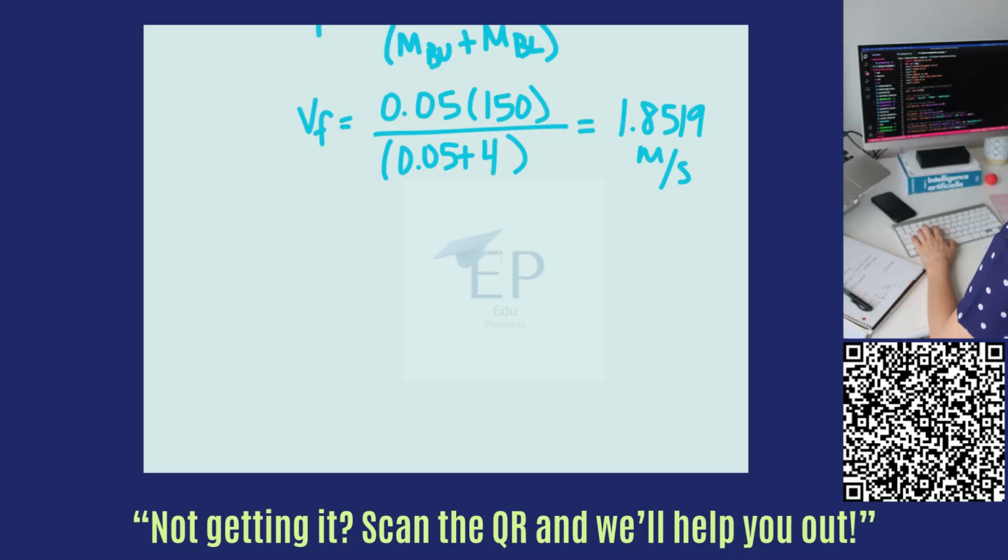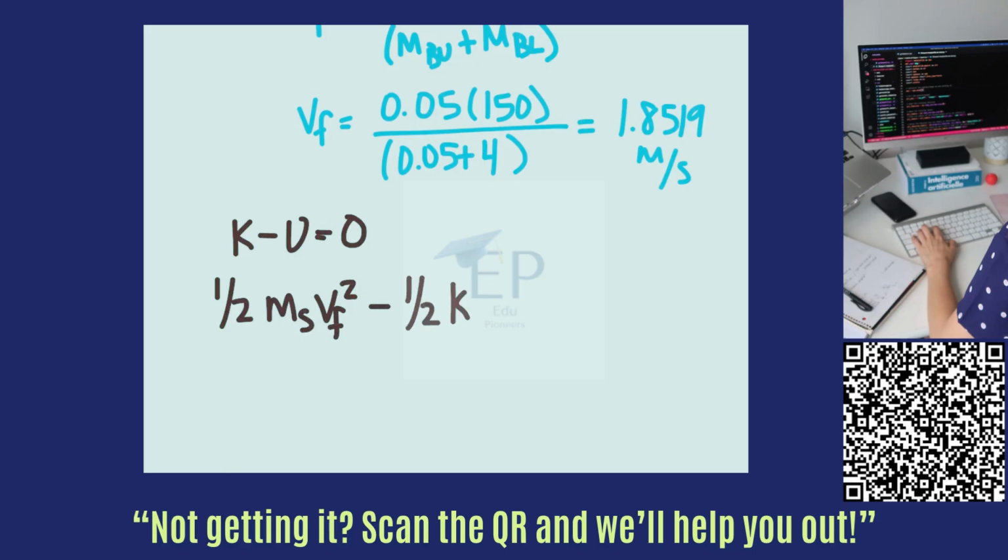can put our kinetic energy minus our potential energy equal to 0. So we're going to have 1/2 mass of the system, which is the block plus the bullet, times the velocity final squared, minus 1/2 the spring constant times our amplitude squared equals 0.